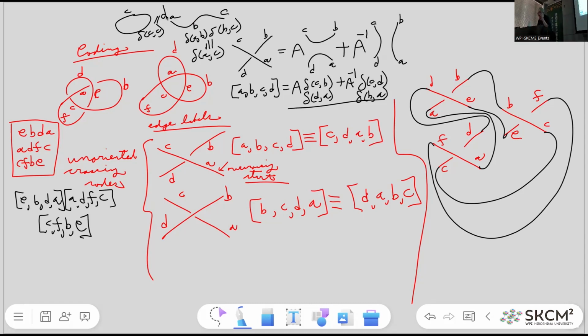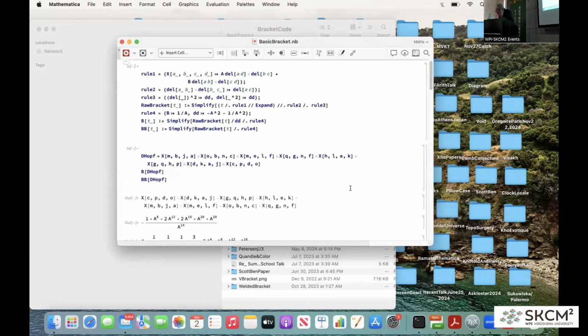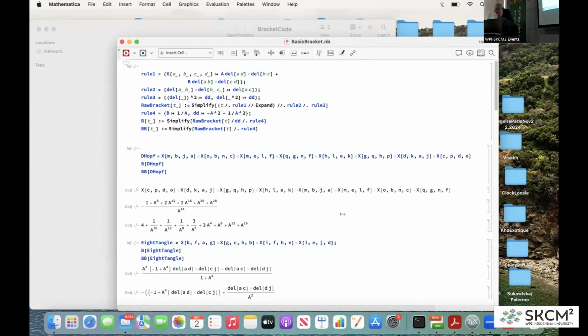Let's look at what the program looks like. So in Mathematica, which is a very concise language, that bit of code at the very top of my slide is the program. You see what I wrote? I wrote X bracket. It needs an X at the front in order to know what it's doing.